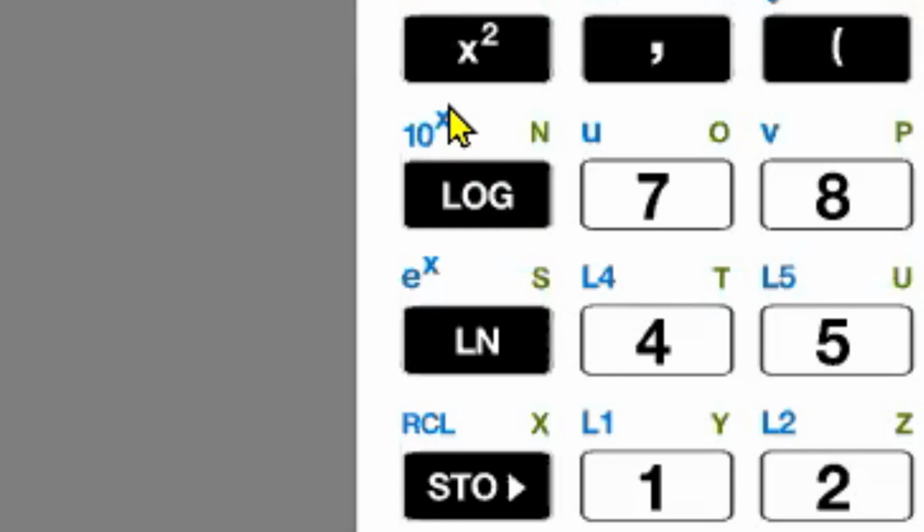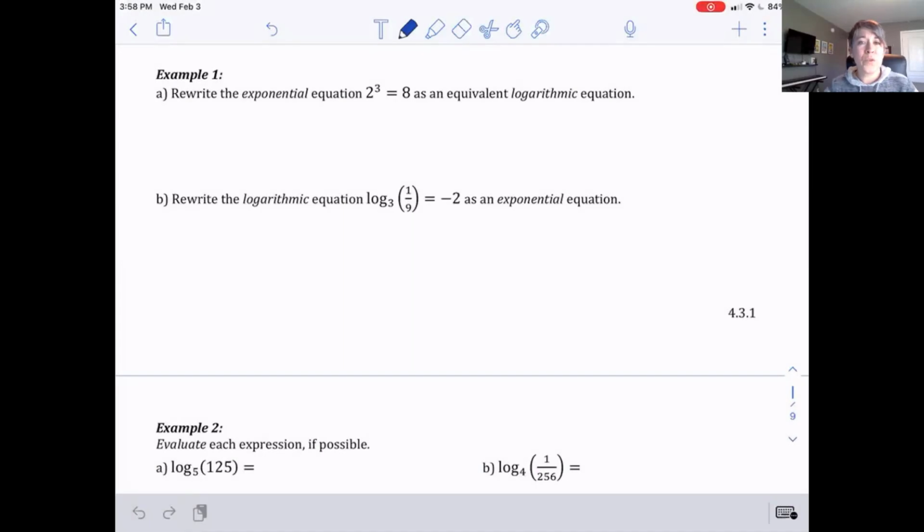So that's even kind of a nice little cheat sheet on your calculator reminding you that if you don't see a base, that common log has a base of 10. Likewise, the natural log, the ln button here, has a second function, e to the x, to remind us the base of the natural log is e. Well, we're not going to be using our calculators just yet. We want to get used to what a logarithm represents first.